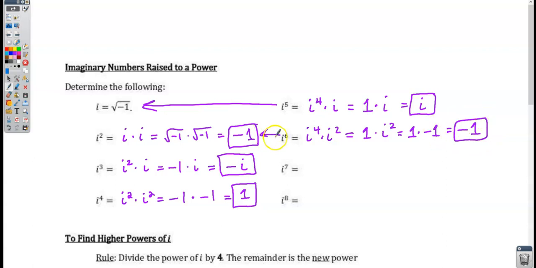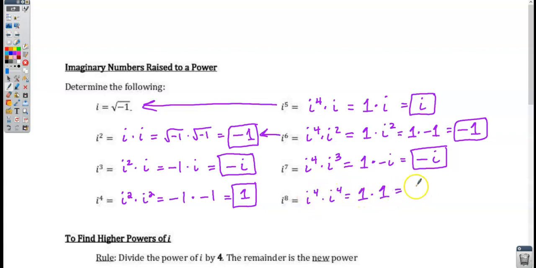Oh wow, i to the sixth is the same as i to the second. i to the seventh, you should be starting to see that a pattern develops here. i to the seventh is i to the fourth times i to the third. i to the fourth is 1, i to the third is -i, and so this is equal to -i. And finally, i to the eighth. That's i to the fourth times i to the fourth, which is 1 times 1, which is 1.